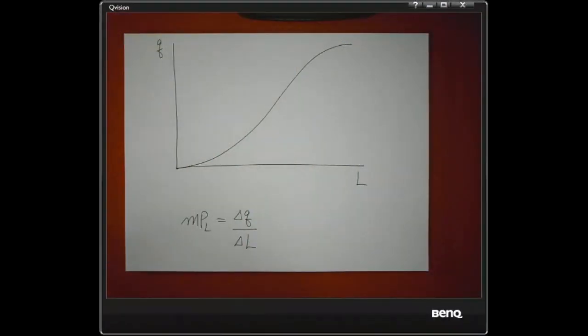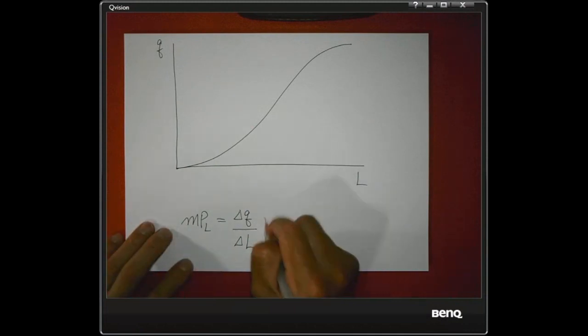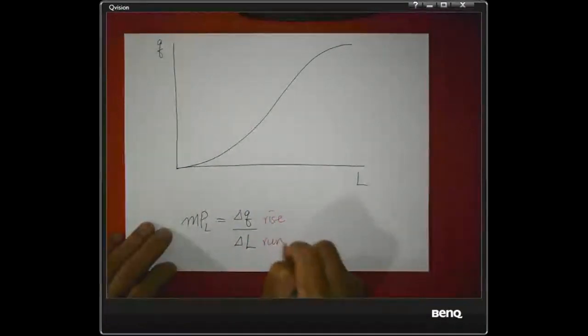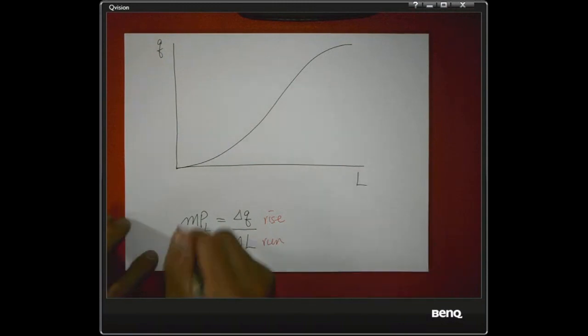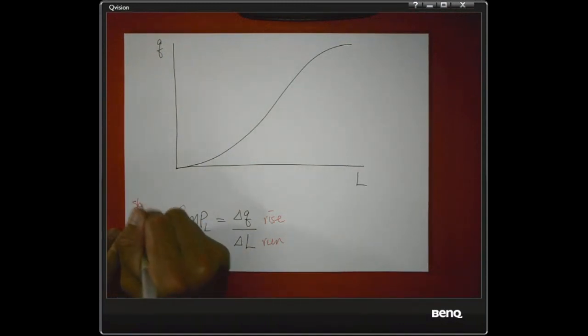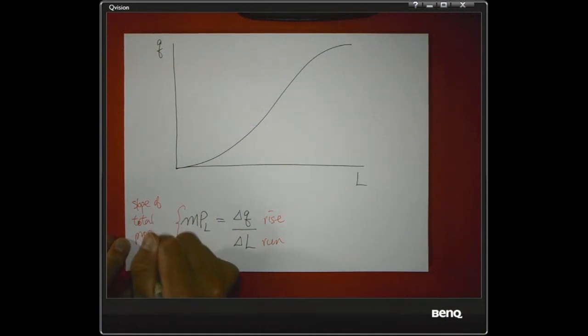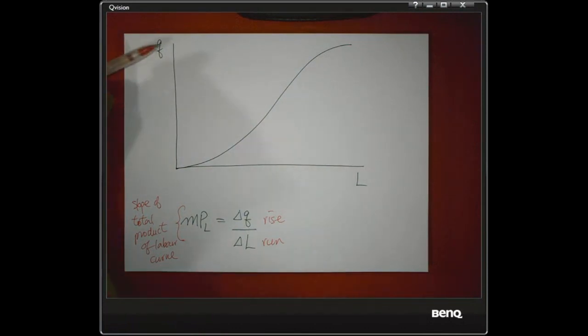What is this ratio? This is rise over run. In other words, the marginal product of labor is actually the slope of the total product of labor curve. That is Q, not G. This is the quantity of outputs.